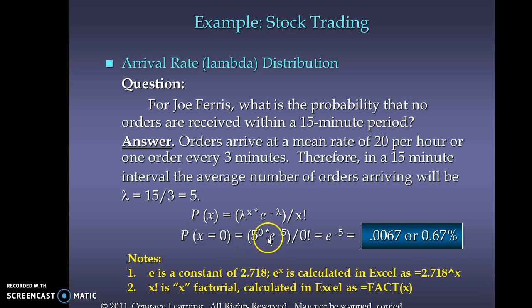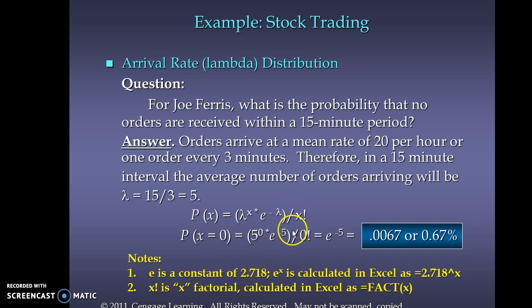To calculate e to the negative lambda power in Excel, we can use the formula equals 2.718, Shift+6, or the caret symbol, x. In this case, 5 to the 0 power, any number to the 0 power is 1. And we also divide this by a factorial.